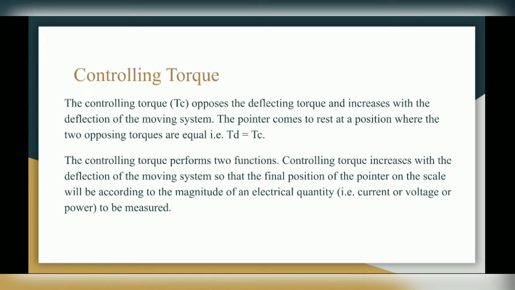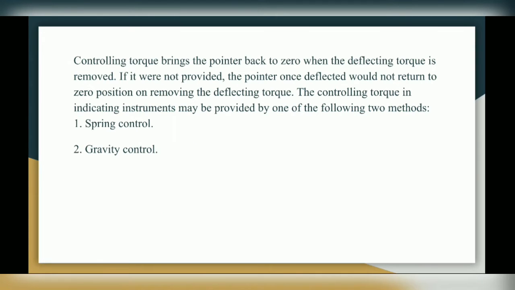So the first function is to control the movement of the pointer so that it shows the reading, and the next function is the controlling torque brings the pointer back to zero when the deflecting torque is removed. So to bring back the pointer to zero, controlling torque is required. If it were not provided, the pointer once deflected would not return to zero position on removing the deflecting torque.